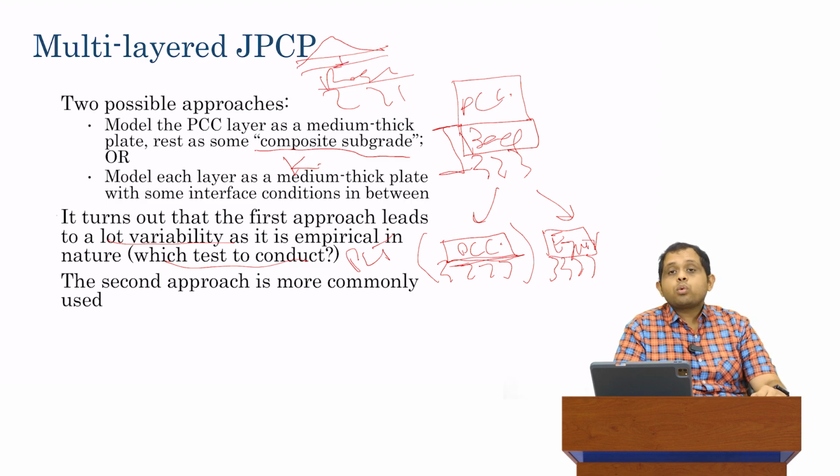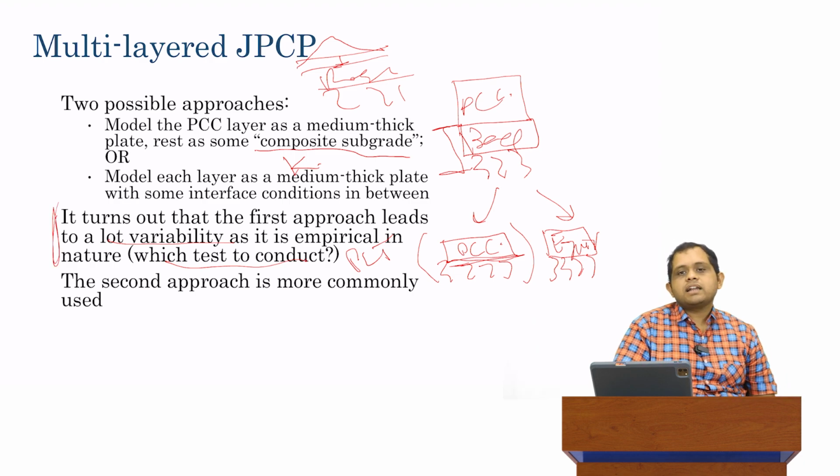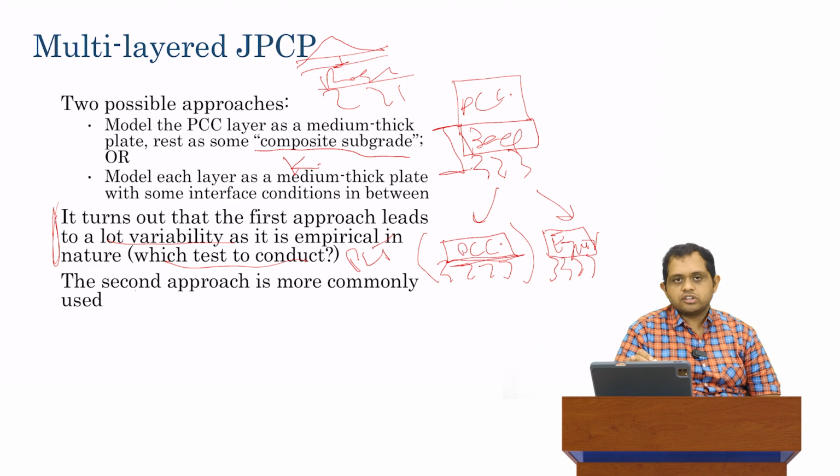It turns out this leads to quite a lot of variability. It's not very easy to get a unique solution, and that variability can in turn have very large effects on our stress estimation in JPCP sections. So although this seems like a relatively easy, albeit empirical method to do, it turns out it can lead to quite a lot of errors in the calculation. So historically, we do not use this particular technique for JPCP sections.